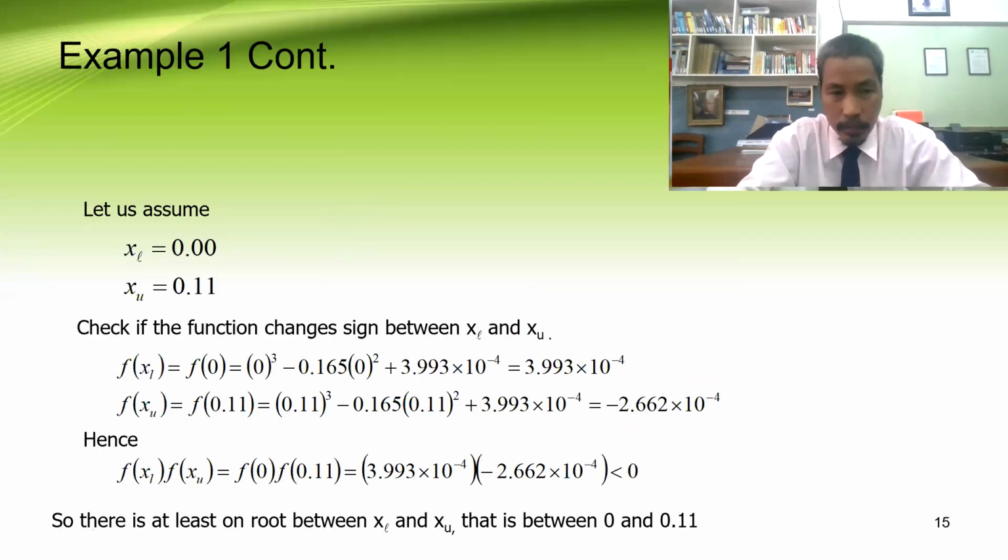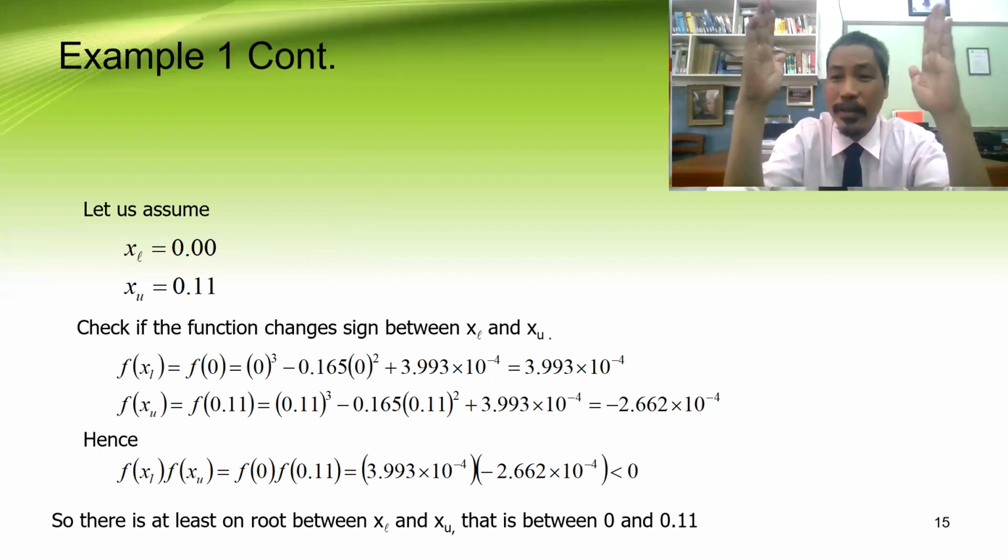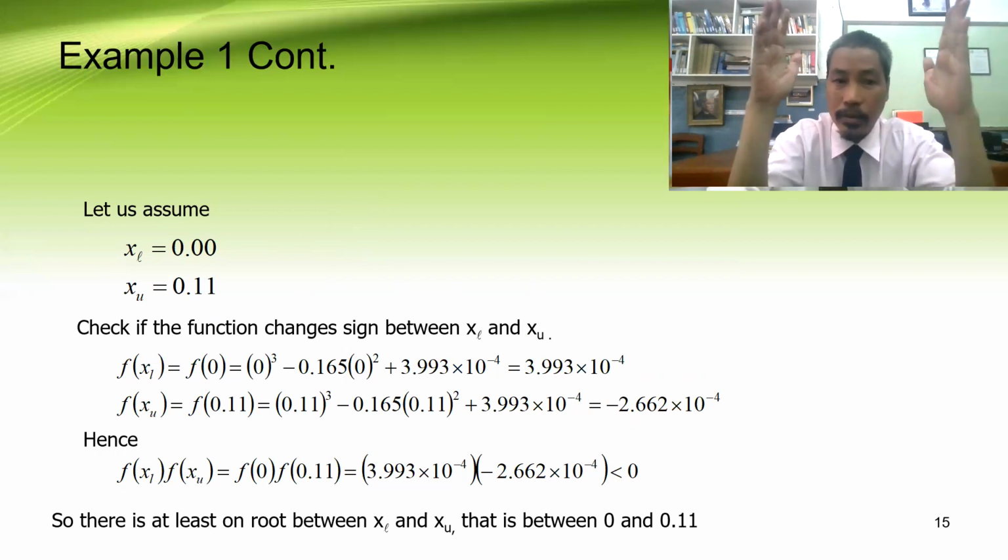So let us assume XL is equal to 0 and XU is equal to 0.11. That is the extreme of the valid domain, because the valid x is from 0 to 0.11.